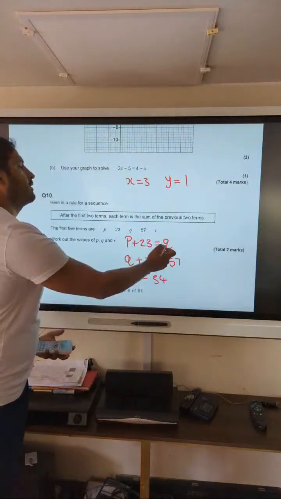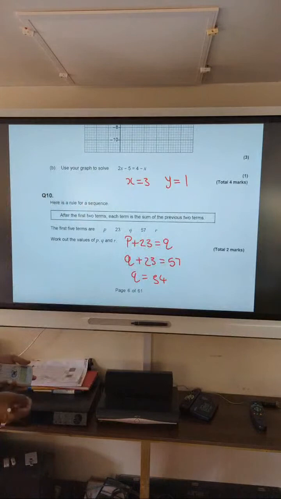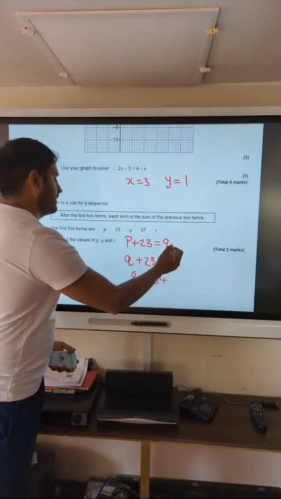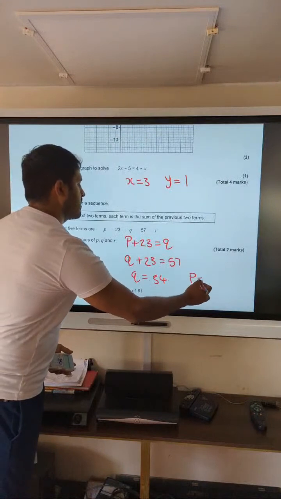So now I know what Q is, I can work out what P is. So 34 take away 23 will give me P. So P is equal to 11.